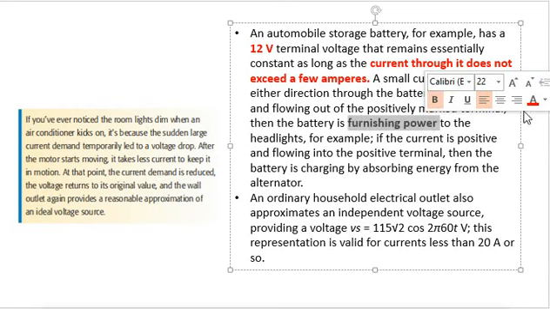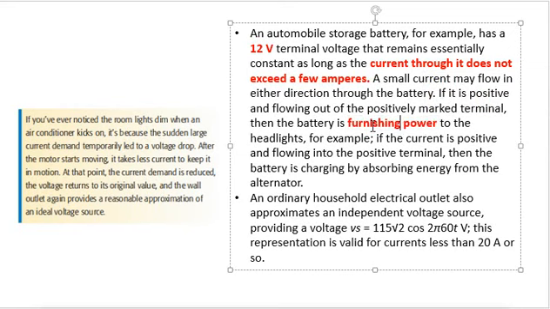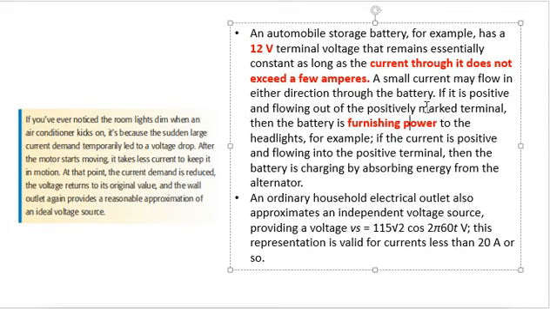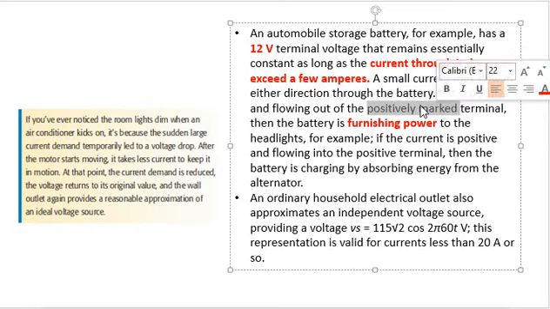Kaya okay lang na i-discuss natin dito sa subject na ito, of course, itong mga ideal voltage source or mga independent voltage sources. Okay? A small current may flow in either direction through the battery. If it is positive and flowing out of the positively marked terminal, then the battery is furnishing power. At ano naman tayo? Furnishing power. Most probably, mga batteries, diba? They're the ones who give power.